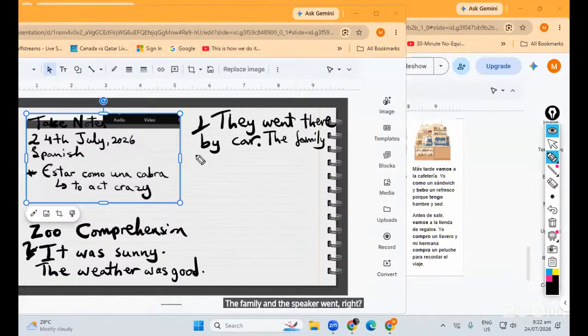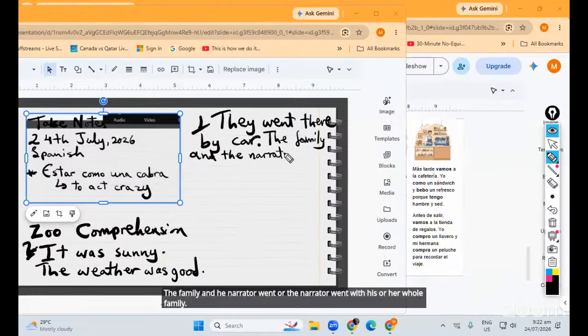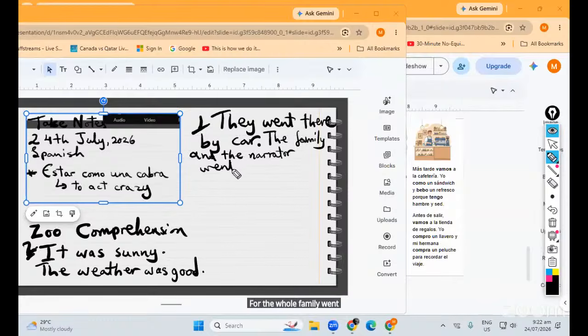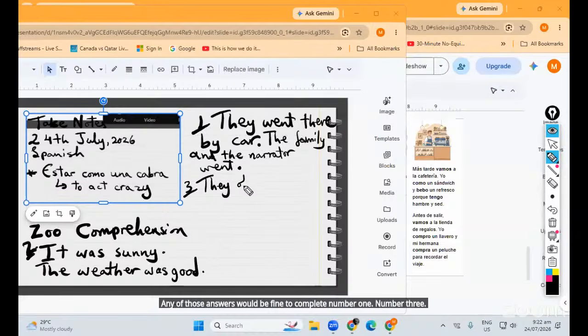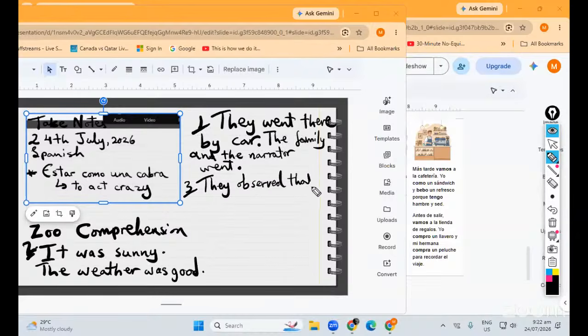The family and the narrator went, or the narrator went with his or her family, or the whole family went. Any of those answers would be fine to complete number one. Number three, they observed that the zebras were black and white and running in the field.